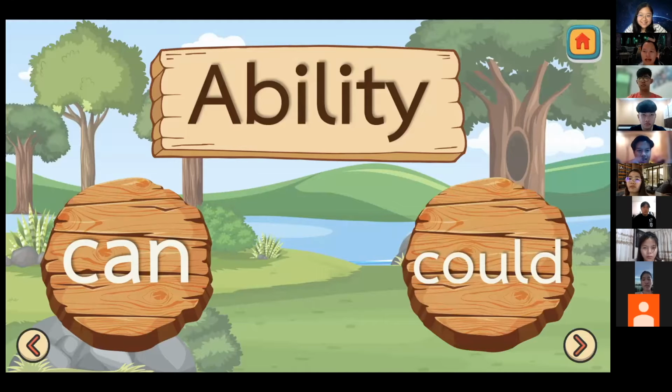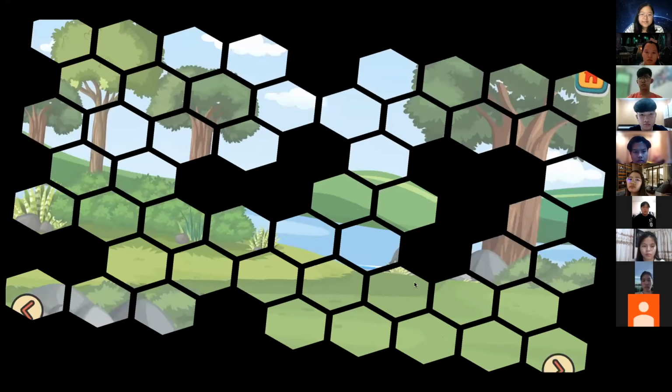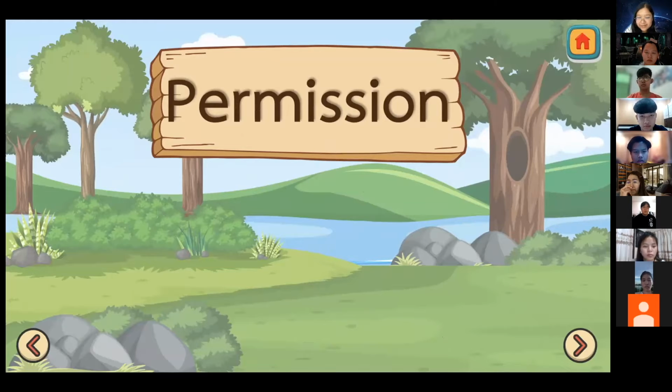Okay? Next, move to permission. Permission is when you would like to go somewhere, like when you would like to go to the toilet or the canteen, and you ask your teacher.